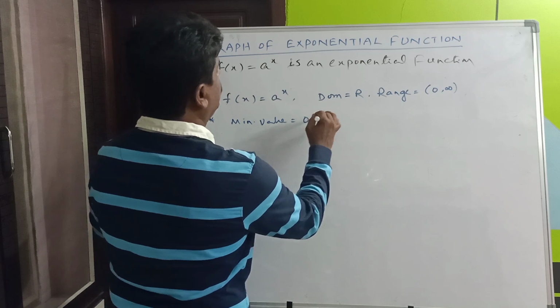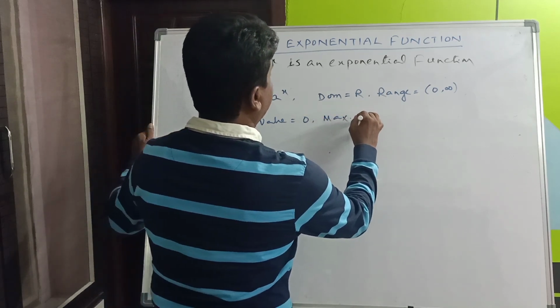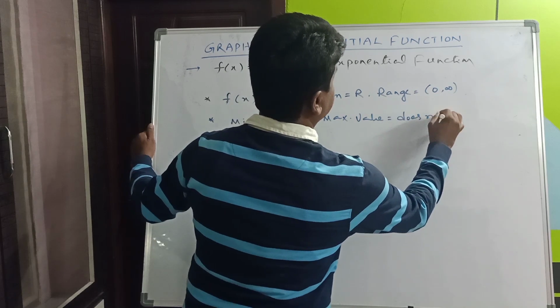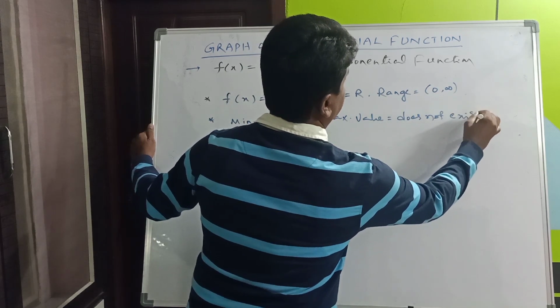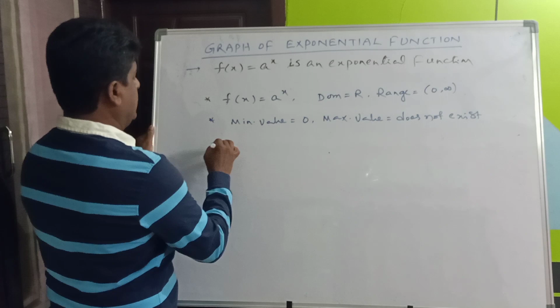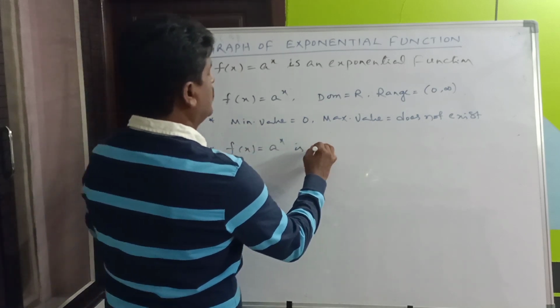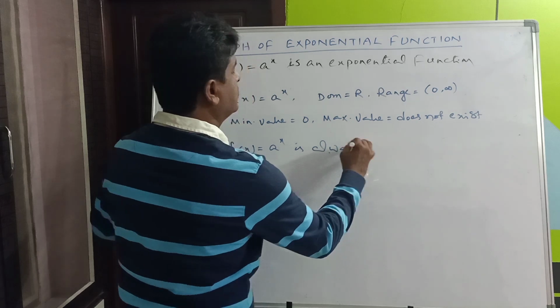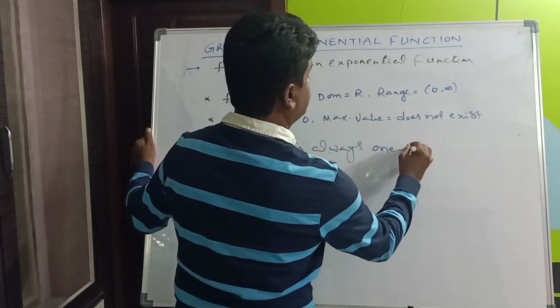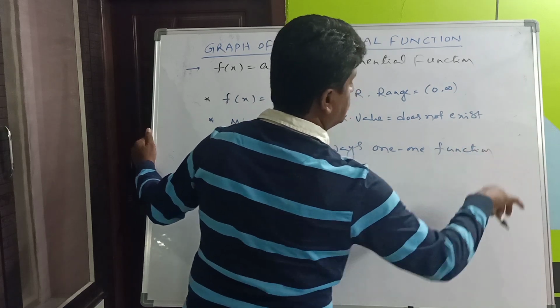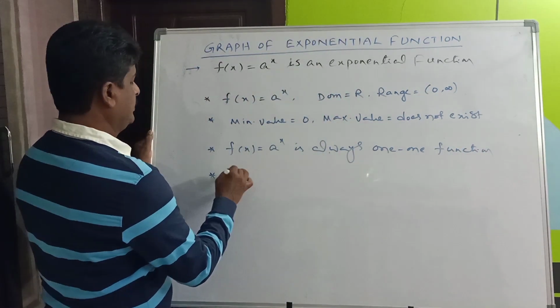The minimum value is 0 and the maximum value does not exist. And f of x is equal to a power x is always a 1-1 function.